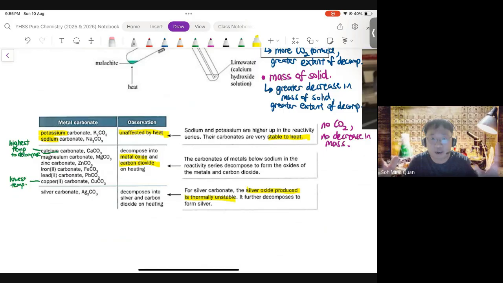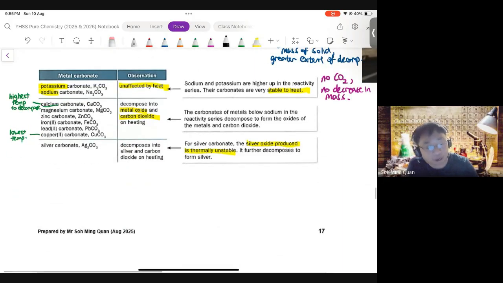Once sodium is in a compound, it's not going back. It wants to be left alone. Then we come to the list in the middle. So you need to know the more reactive carbonates will need a higher temperature to decompose because they are more stable.